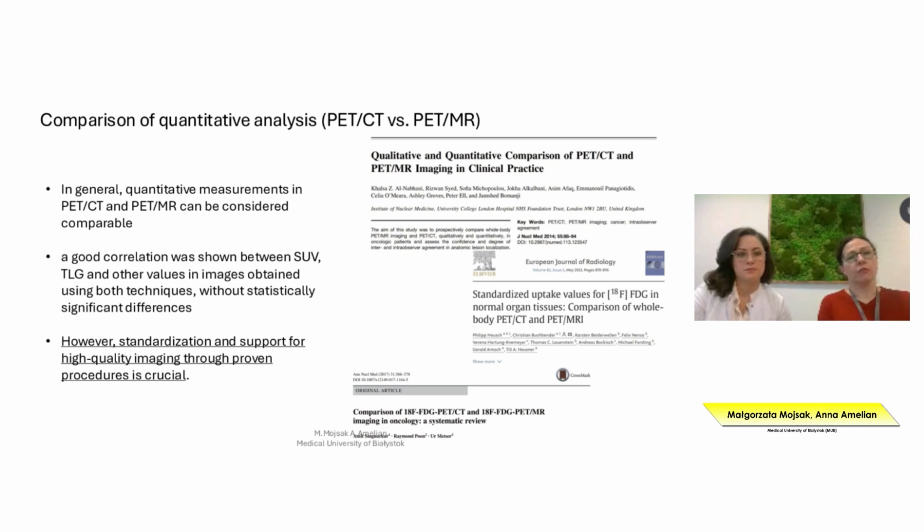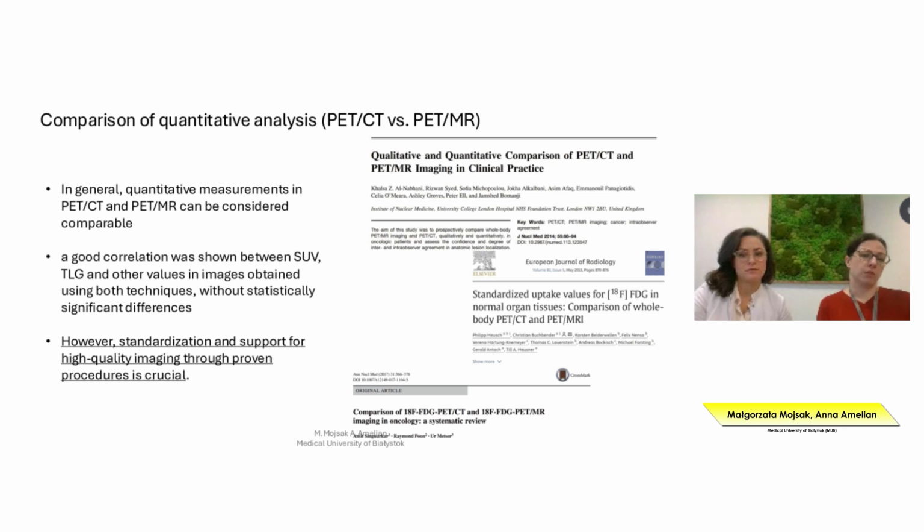When we compare the quantitative analysis of PET-CT versus PET-MR, numerous publications show that these analyses are comparable.